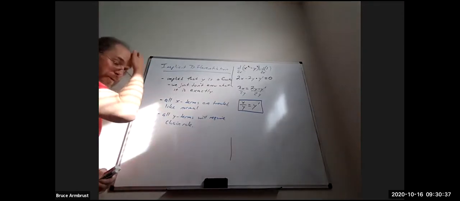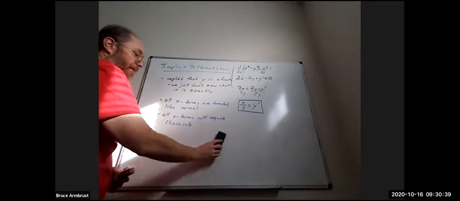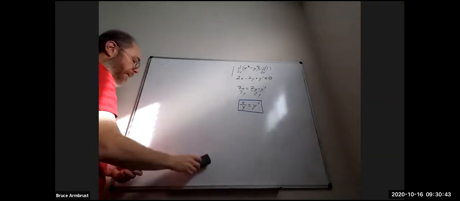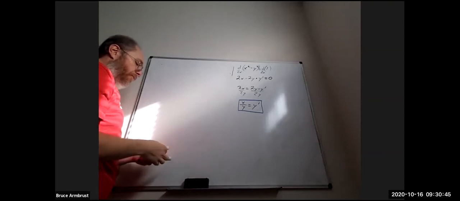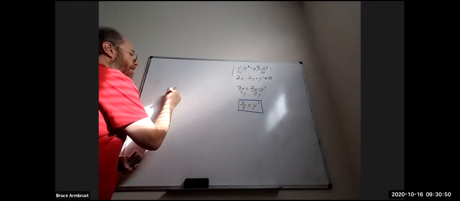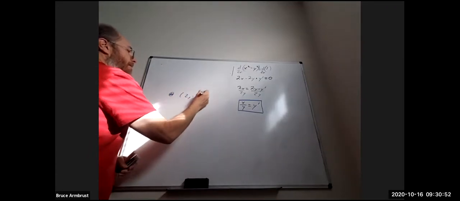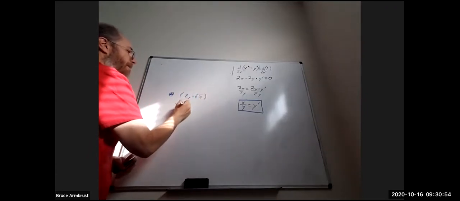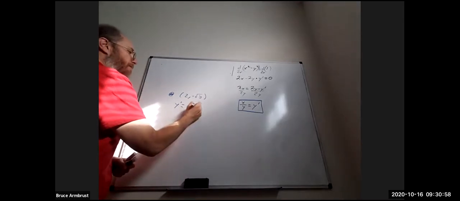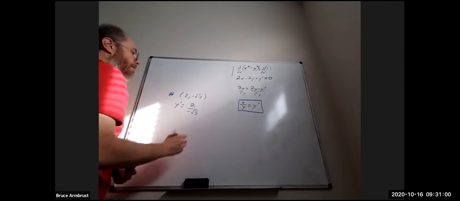So if you go back and you look at the example that we did with that hyperbola, remember we were at that point 2, negative root 3. So think about that. If I plug that into my derivative here, I'm going to get x over y.